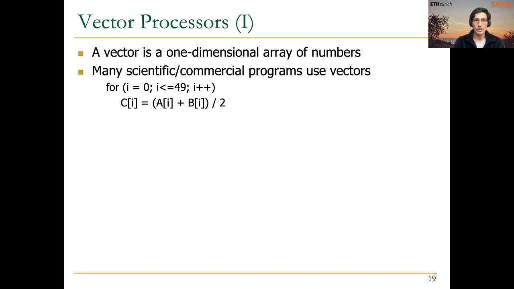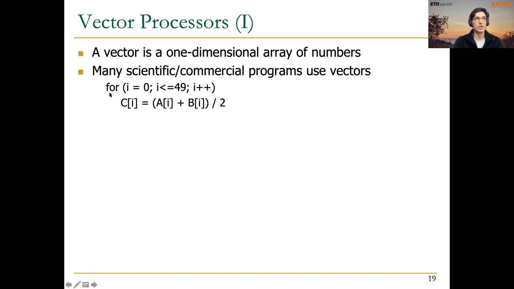A vector is a one-dimensional array of numbers. That's something that you all know, and it's very common that real-world programs, real-world workloads operate on vectors, right? So we are going to use today this simple code as a running example. Notice that this is a purely sequential code to be executed on a SISD machine, instruction by instruction, data element by data element.